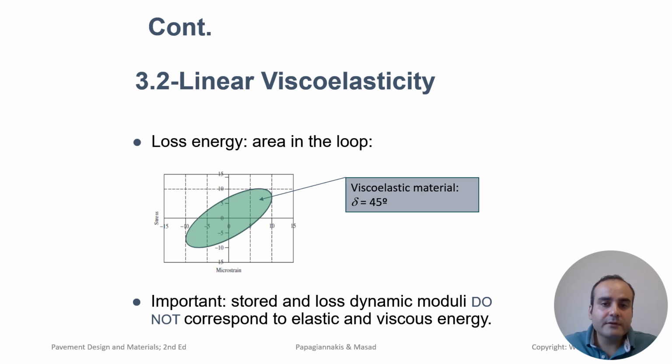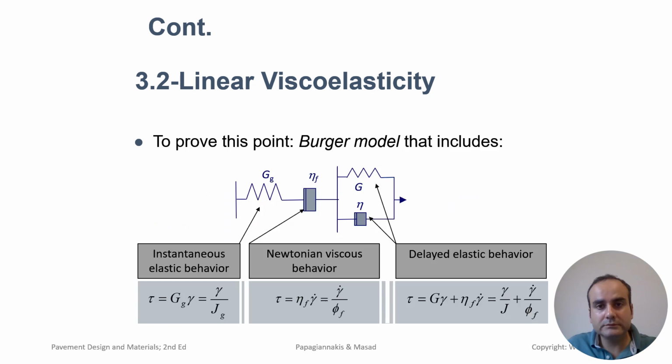For a viscoelastic material, delta is a value between 0 degrees and 90 degrees, and in this graph we show a delta value of 45 degrees and the corresponding area in the loop. It is important to note that stored and loss dynamic moduli do not correspond to elastic and viscous energy.